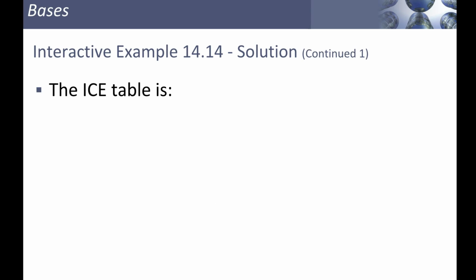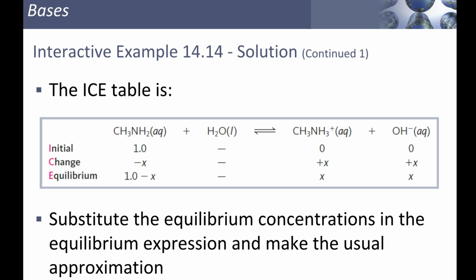If you do a nice table, they said the methylamine is initially 1 molar. You plug in the same way. Nothing has changed. Just because it says Kb doesn't mean anything except that you're dealing with hydroxide ion concentration. If you want pH, you're either going to find hydrogen ion concentration from your hydroxide or find pOH and subtract from 14 to get pH.